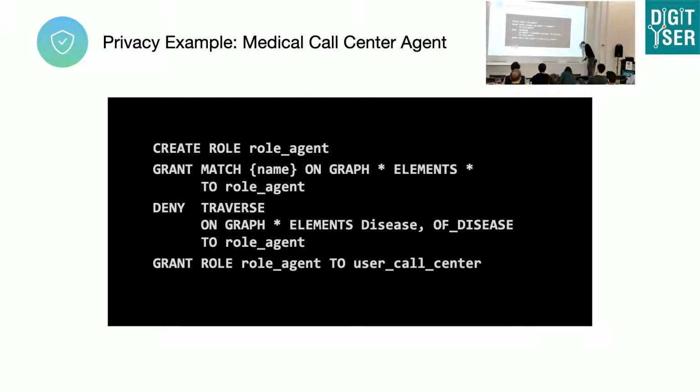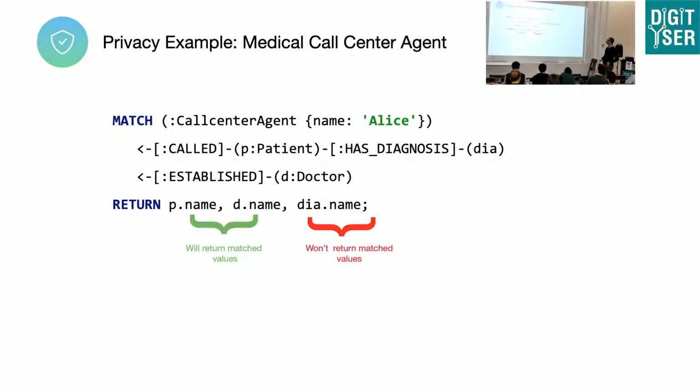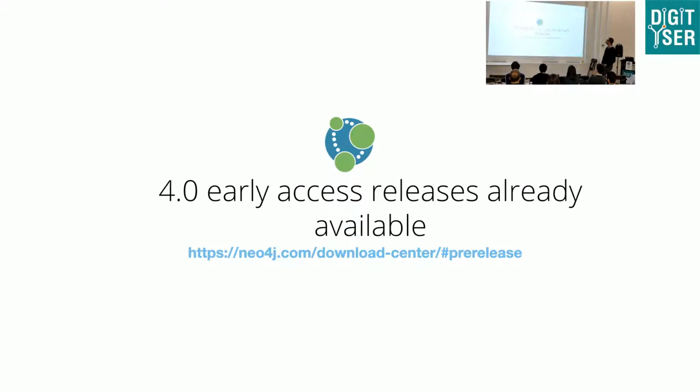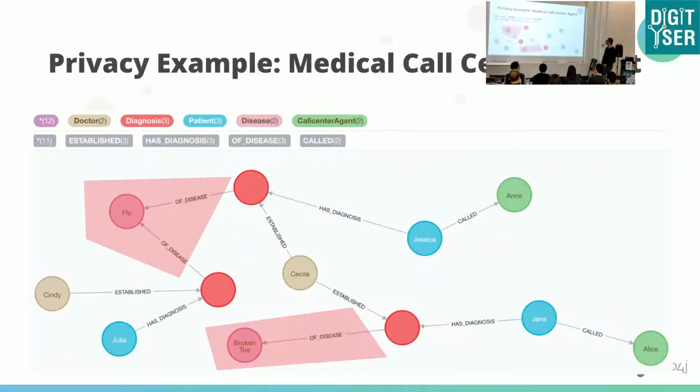So on specific patterns, you will be able to say that a particular role can do this with a pattern, a particular other role can do something else with a particular pattern, which makes it very granular and very specific to the security requirements that you have in that specific case.